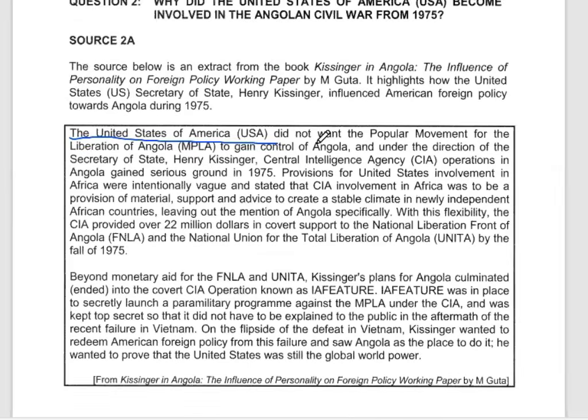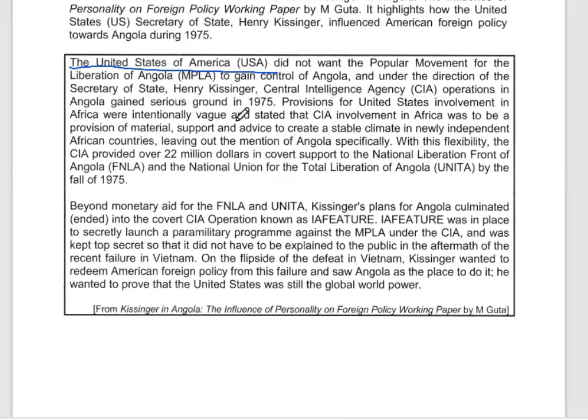It's clear. Name 3 provisions in the source for the Central Intelligence Agency's involvement in Africa. We are supposed to extract them again from the source. You find them here. It talks about gaining control under the direction of the Secretary of State, Henry Kissinger, of the CIA operations gained through underground in 1975.